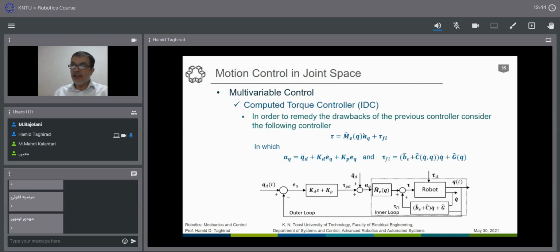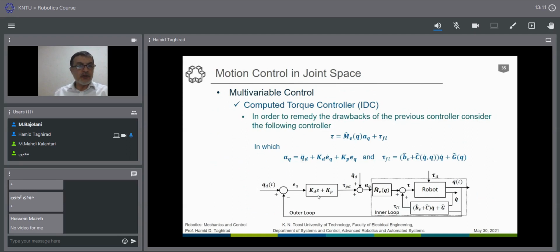The first part is a PD controller plus an acceleration term that we have for the desired trajectory. So we never measure the acceleration term, we never feed back the true acceleration term. And in this structure, we usually consider q double dot d as it comes here.